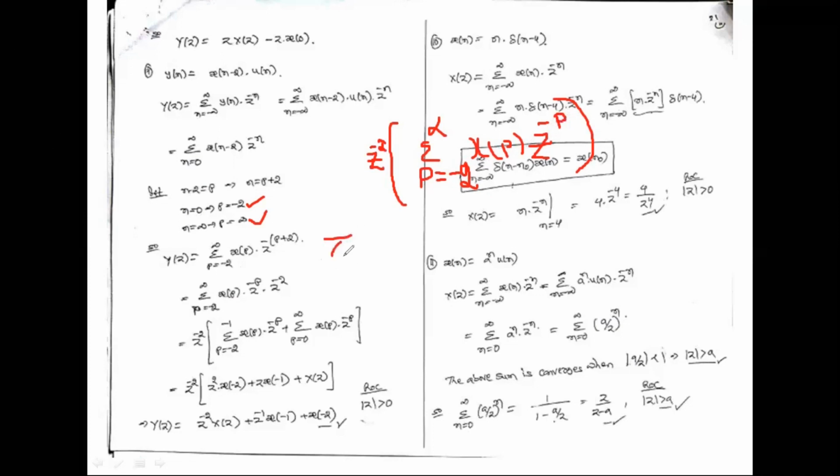Okay, so z power minus 2 we can multiply by the before value if I am taking here. So the sum over p from minus 2 to infinity of x of p, z power minus p.